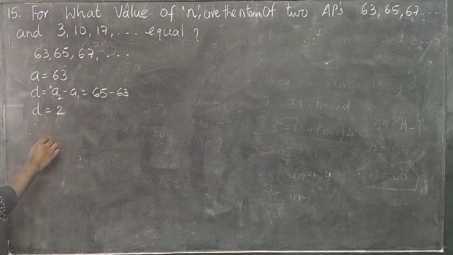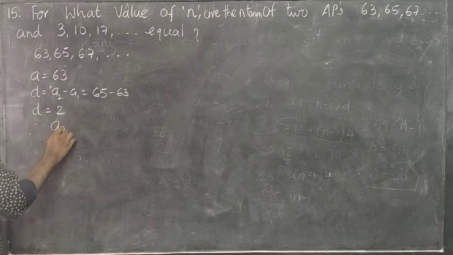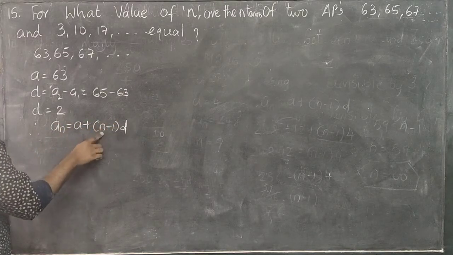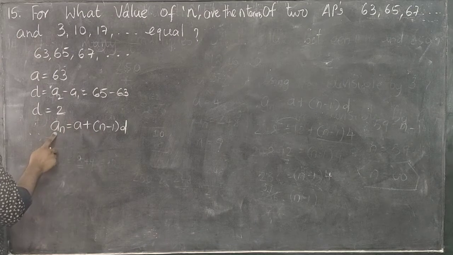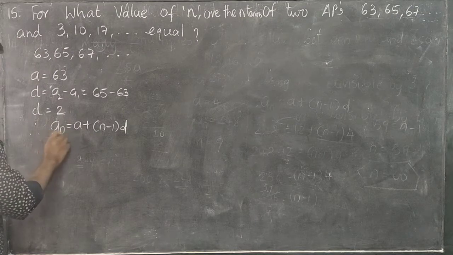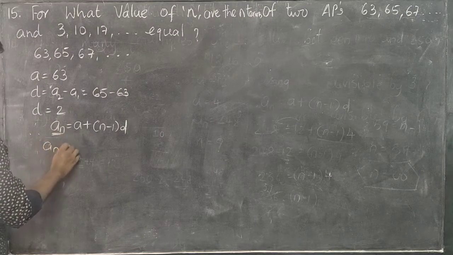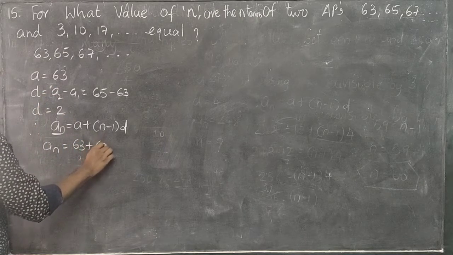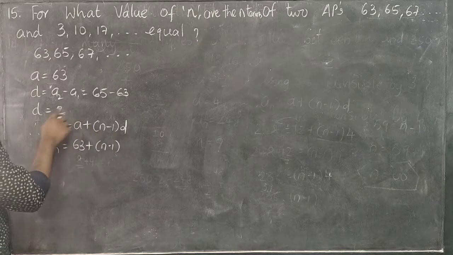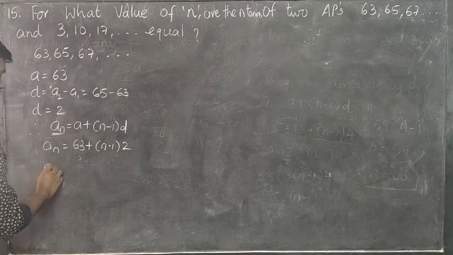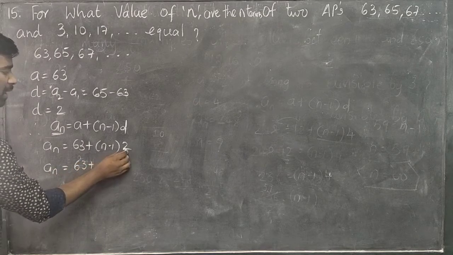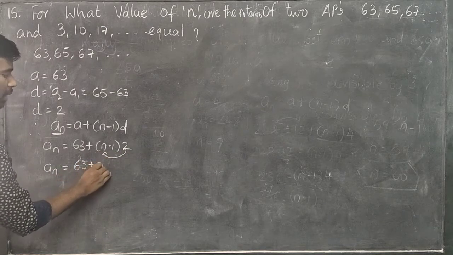Now we should find out the nth term using an equals a plus n minus 1 into d. The value of n is unknown. What is the value of an? That is the nth term. We should find out an equals, what is the value of a? That is 63 plus n minus 1 into d, which is 2. So nth term of first AP equals 63 plus, then multiply 2 into n is 2n.